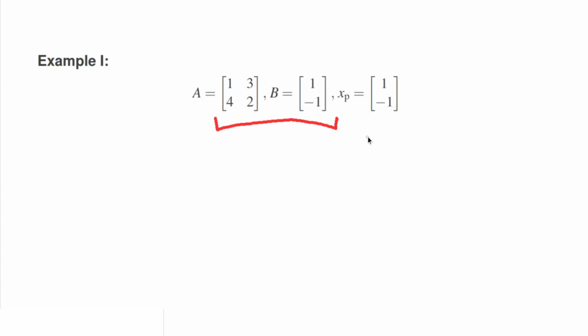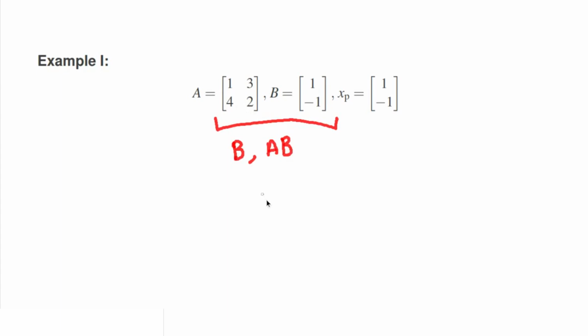So on the previous slide, we saw to do this, we need to construct the controllability matrix, and to construct the controllability matrix, we need to build the sequence B, followed by AB, and so on until we get to A to the n minus 1 B. Now, in our case, the A matrix is 2 by 2, which means that n is equal to 2, which means that we just need to construct these terms.